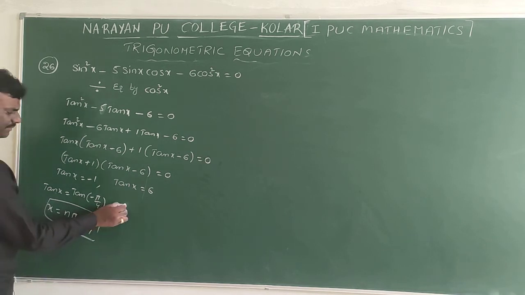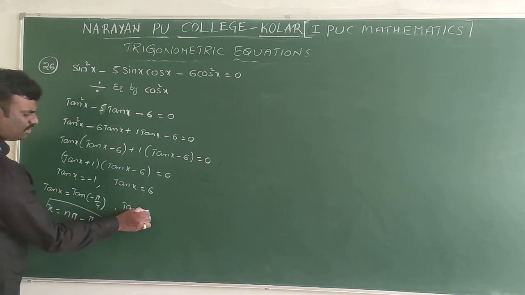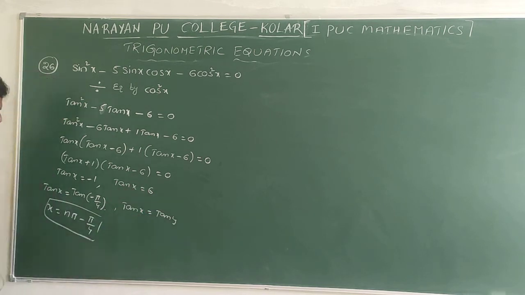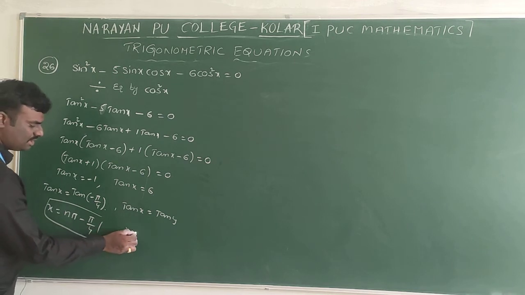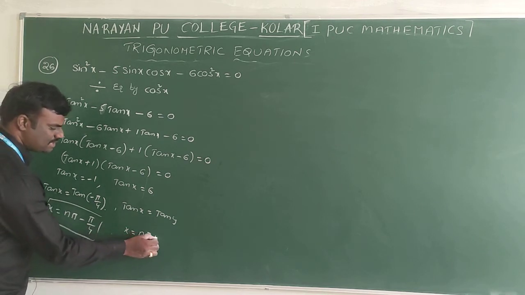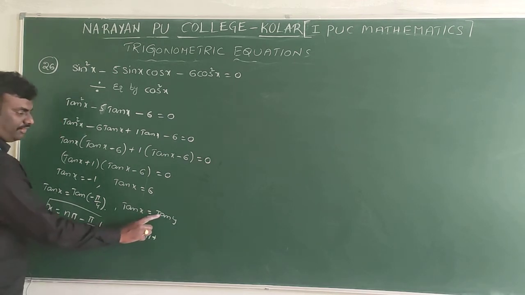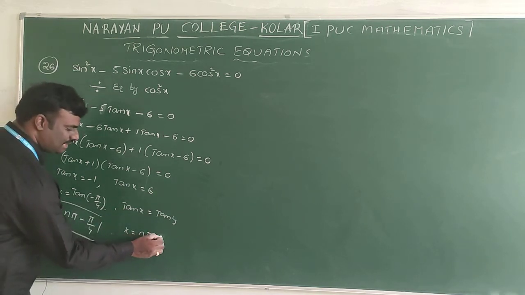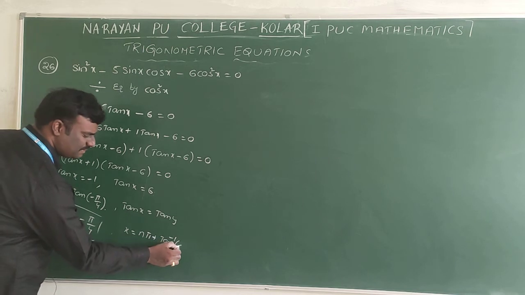Here I can write tan x is equal to 6, I can write tan y. Now, what is the general solution? x is equal to n pi plus y. If tan y is equal to 6, now y can be written as tan inverse of 6.